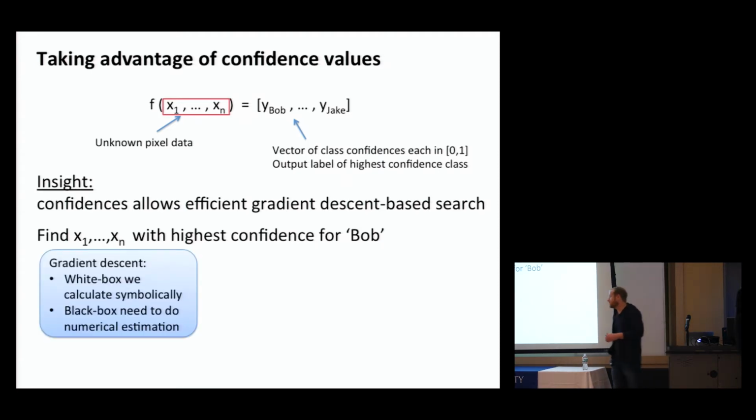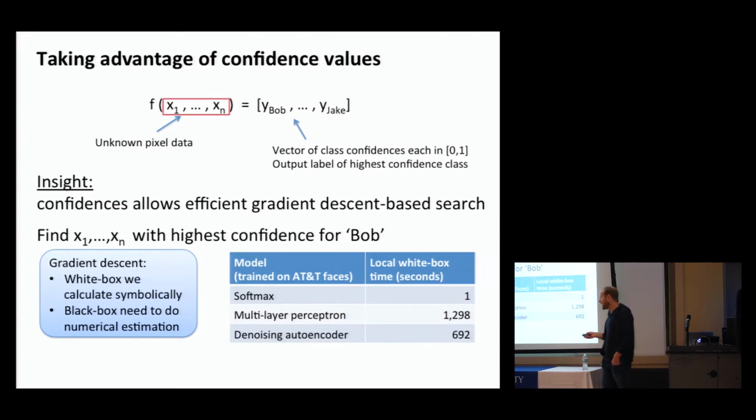To compute gradients for the gradient descent, we can do it white box, symbolically, using any library that does gradient computations. With black box, you would need to do numerical estimation, meaning you would query the oracle on nearby points and see which direction you're going with the confidence. We haven't done black box attacks. We've only looked at white box in detail.